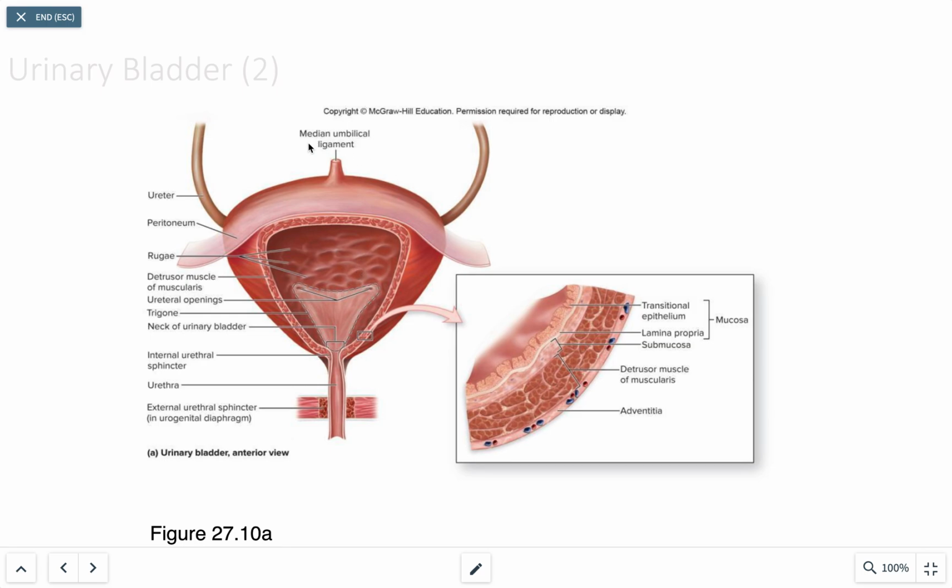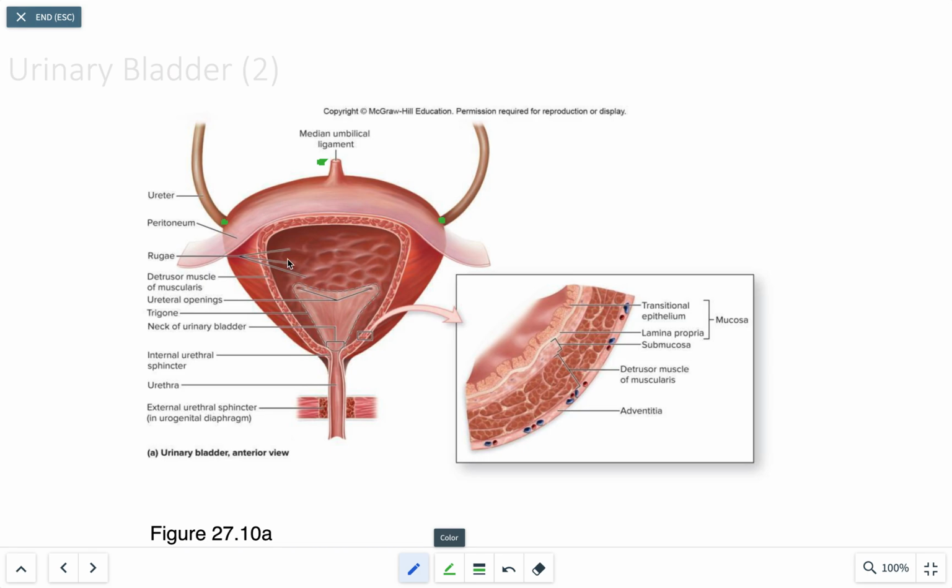It has this median umbilical ligament here, and the median umbilical ligament is actually a remnant of an embryological structure called a urachus. So this used to be an old structure when you were in utero. And then on the posterior, we see the ureters entering into the posterior lateral walls of the urinary bladder here.